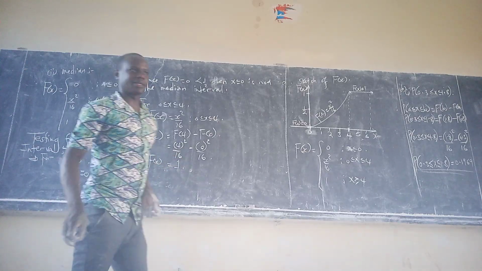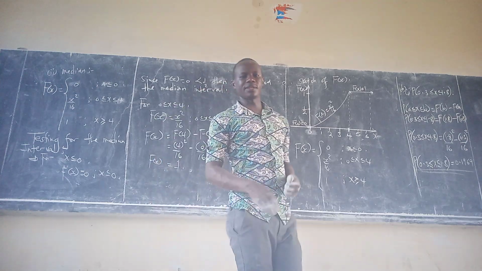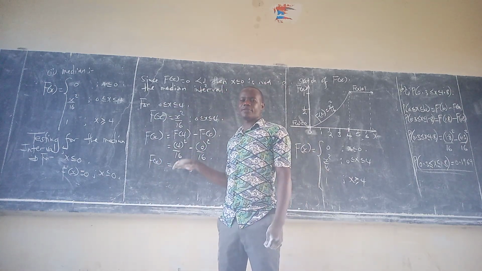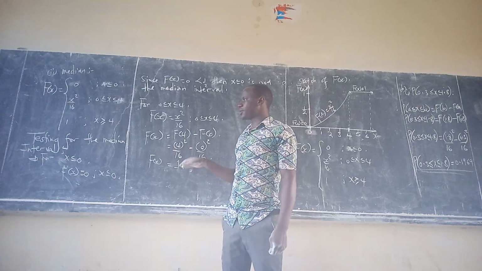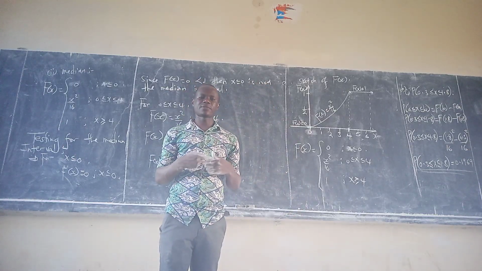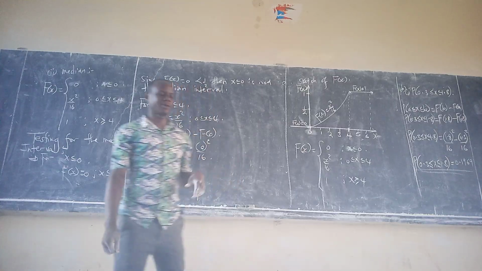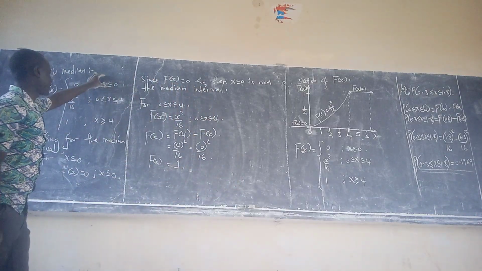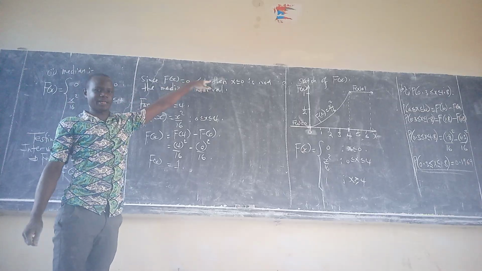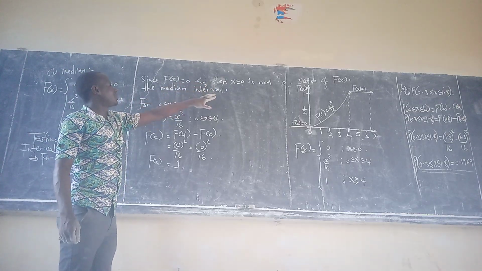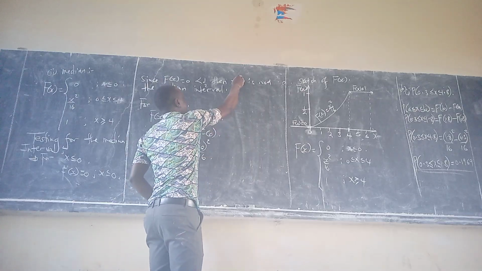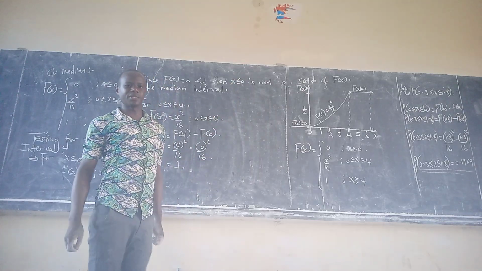Now, once you realize that it is beyond a half for any particular interval, you go interval by interval. Once the condition is satisfied, you don't progress to the next one. We started with the first one. Capital F of x was 0, which was less than a half, implying x less or equal to 0 is not the median interval.